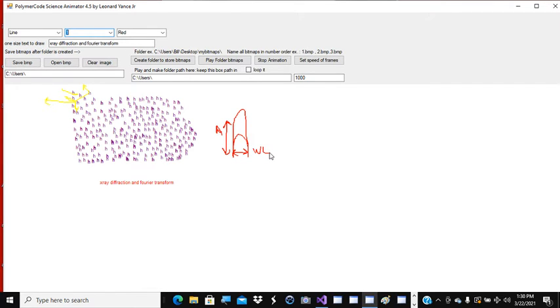The wavelength relates to the frequency, and the amplitude is wave height.